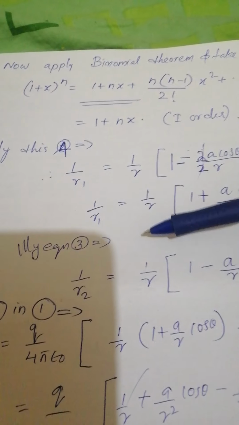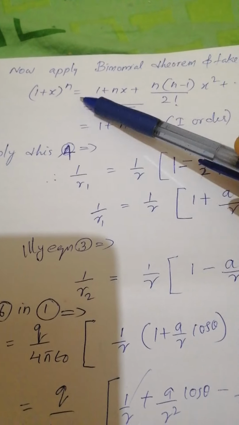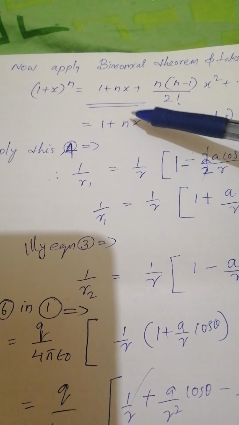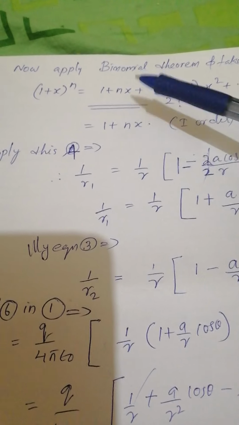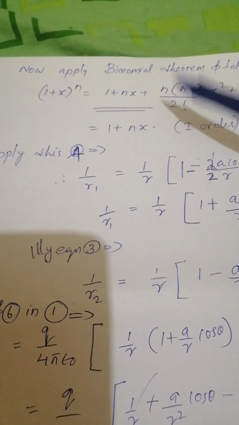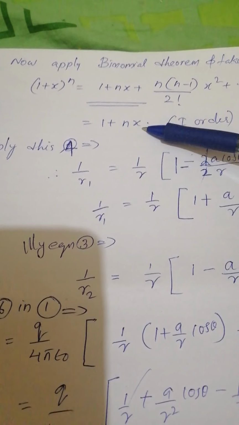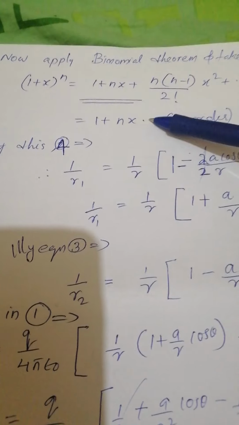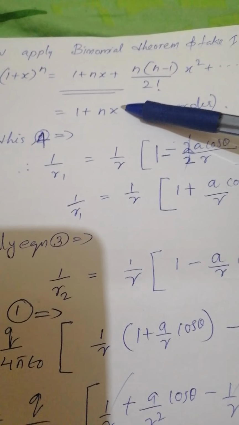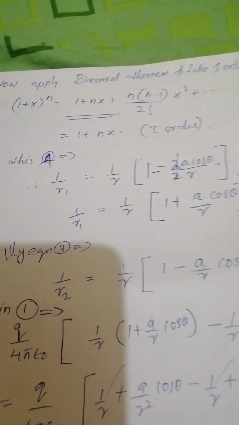So here in this case we are considering the first order equation. First order means we are considering only the x term. So we can write 1 plus x whole raised to n is equal to 1 plus nx, the simplest form. We are just applying this form in the last equation, equation 4.